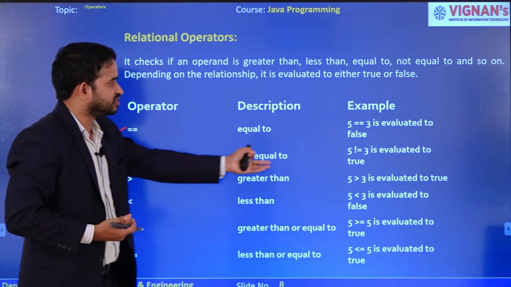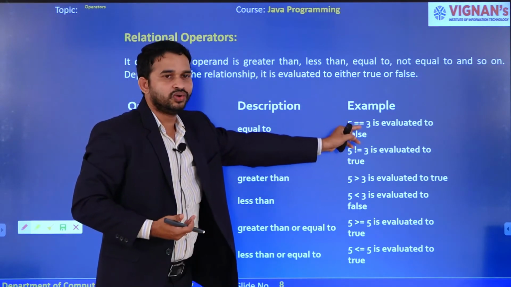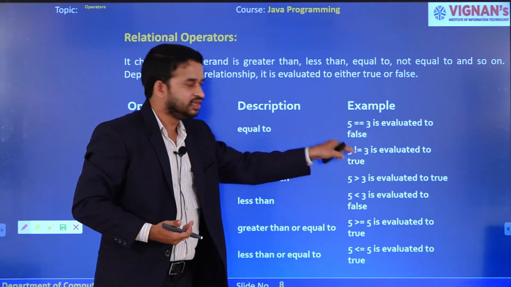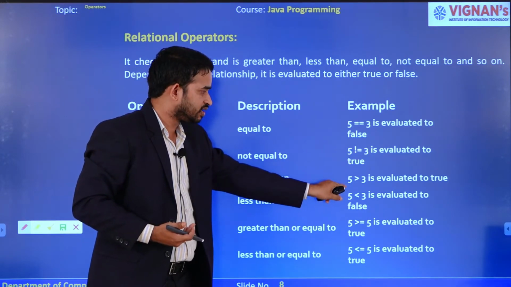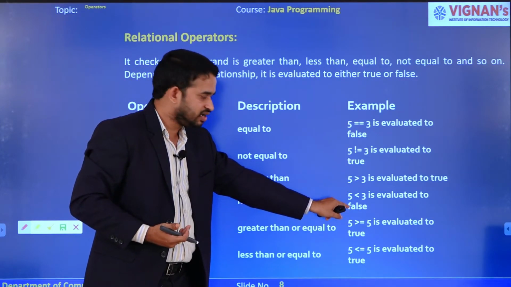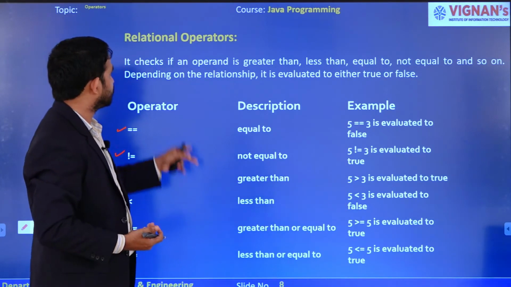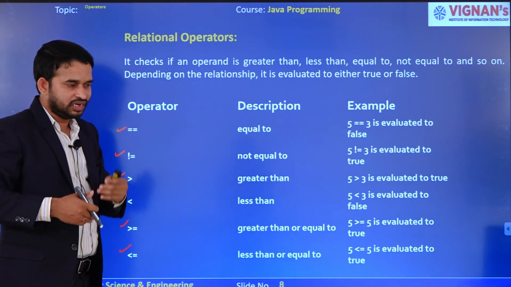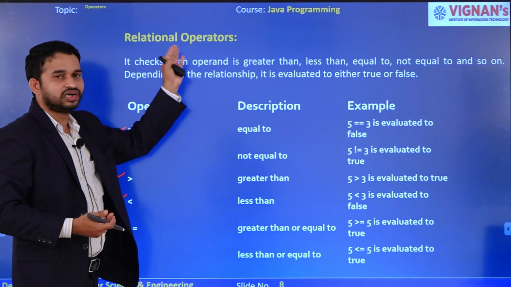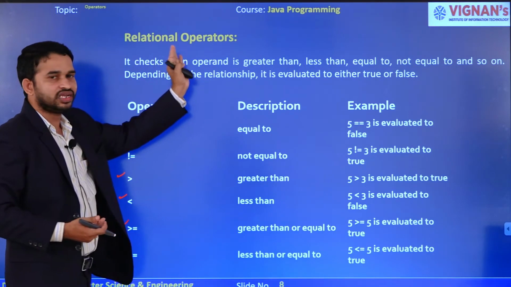For example, 5 double equal to 3. Is it true? False. What about the next one? 5 not equal to 3. Yes, the condition is true. What about here? 5 greater than 3. The condition is true. Here, 5 less than 3. Condition false. All these are examples for relational operators. In coming lectures, while we are developing different applications, we will use all these symbols. So this is about the relational operators.